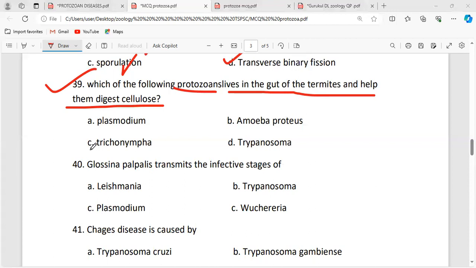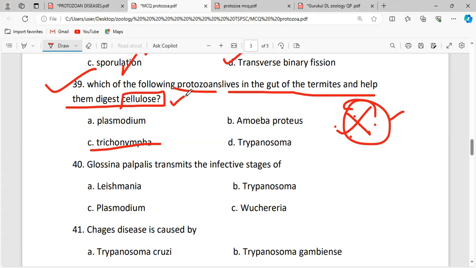It is Trichonympha. I didn't explain this question when I was teaching, but you have to know this. If you didn't know, there is no problem, just be aware of it.